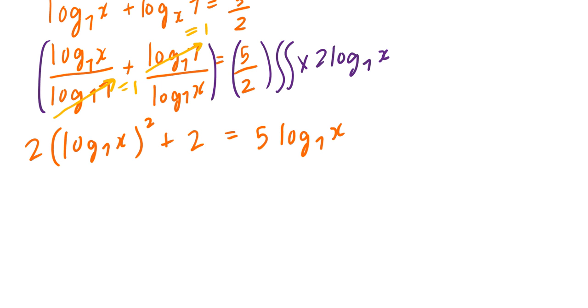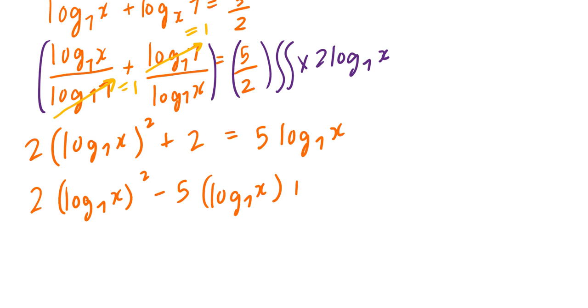Bring everything to the left-hand side. So you can copy 2 times log base 7 of x to the power of 2 minus 5 times log base 7 of x plus 2 equal to 0.